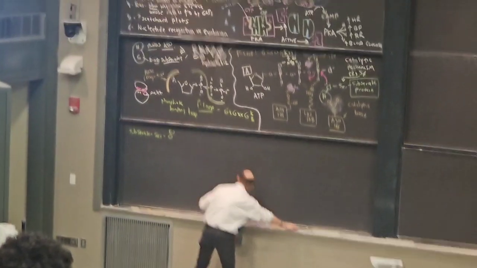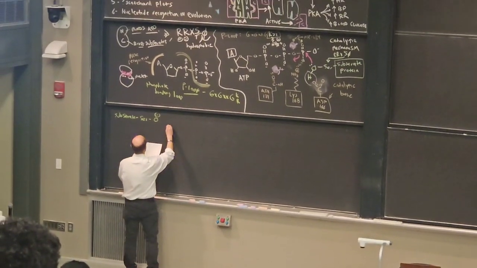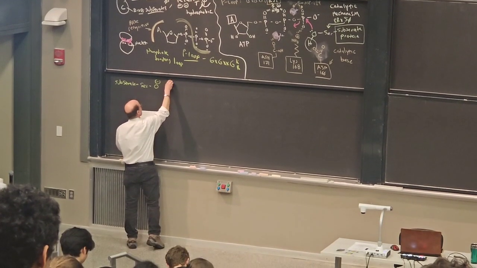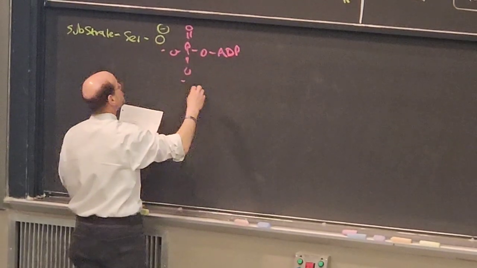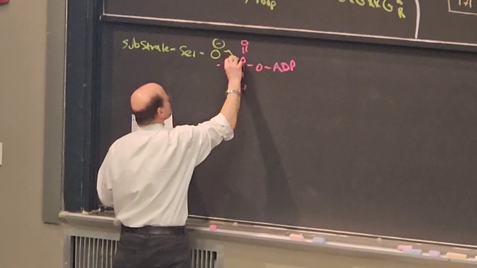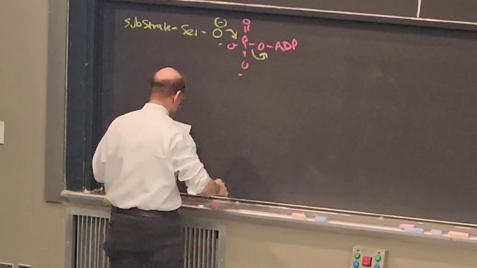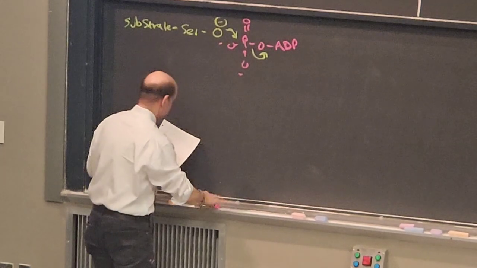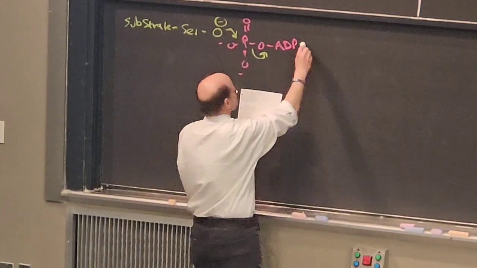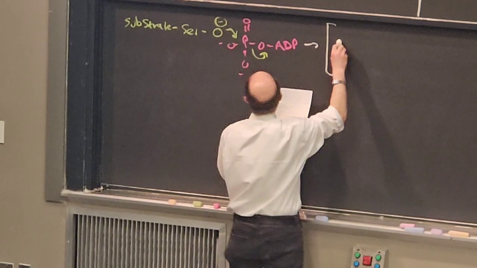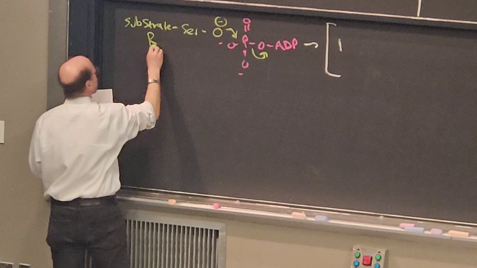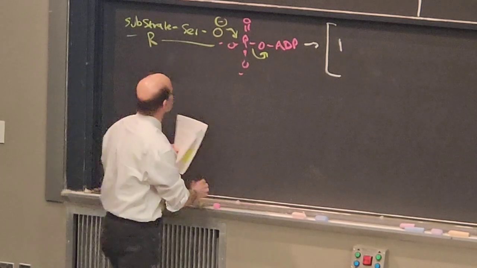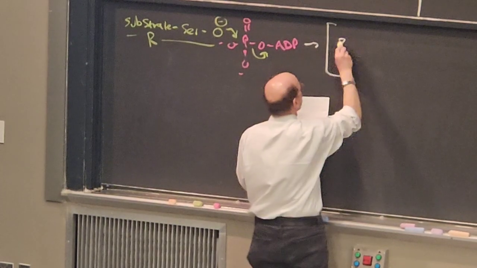We use two different colors. This is now going to be attacking that. It's going to break. And in order to do that, I'm going to end up with a transition state that's going to look like this. I'm going to just indicate the substrate by the letter R. That's this whole thing. So I'm going to end up with this.